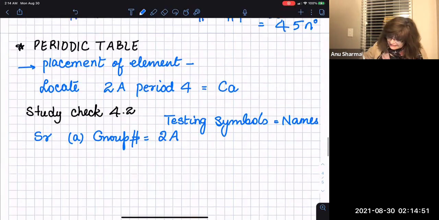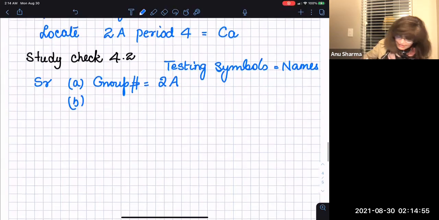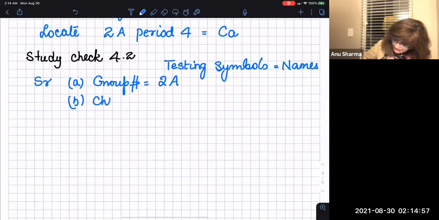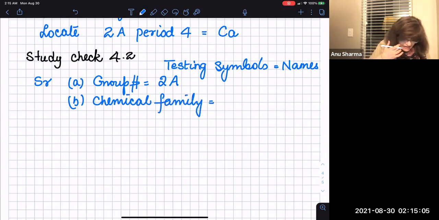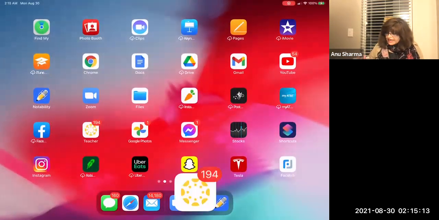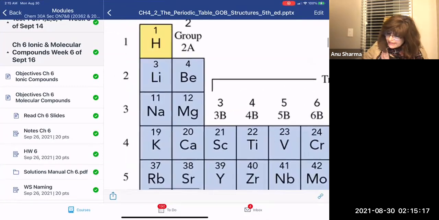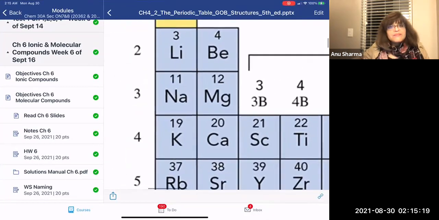Okay, next is what is the name of this chemical family? In other words, what they're saying is the name of the group. So you should know by this time, or you should make a note of it in the periodic table, that group 1A were all alkali metals.